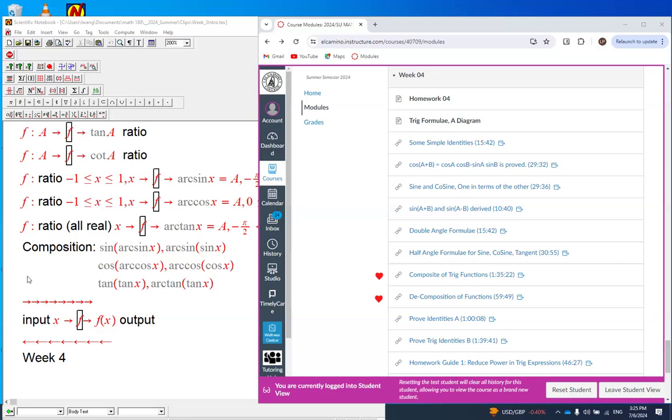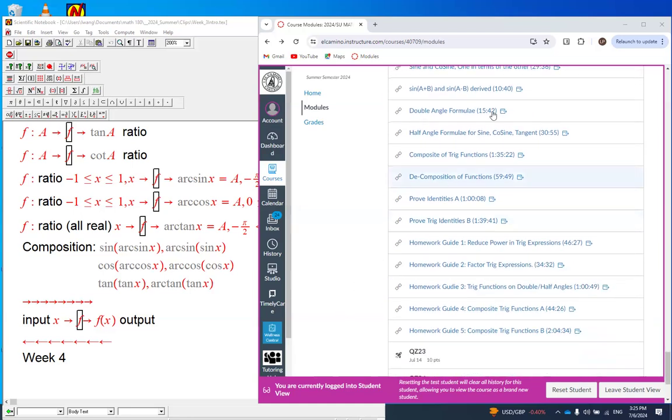And next, proving identities. I have covered a lot of examples, and there's some homework for you guys to follow. Mainly this week is about deriving.